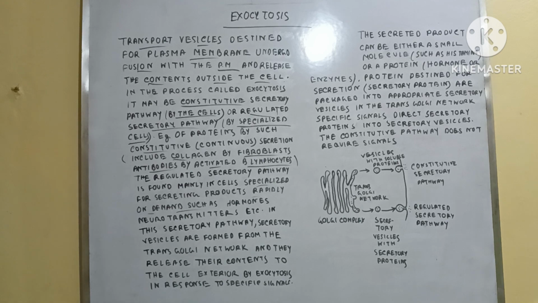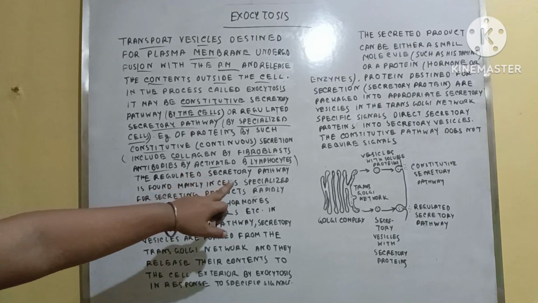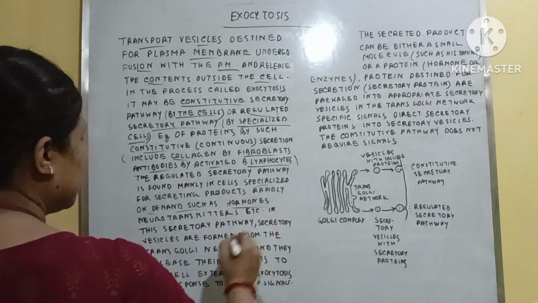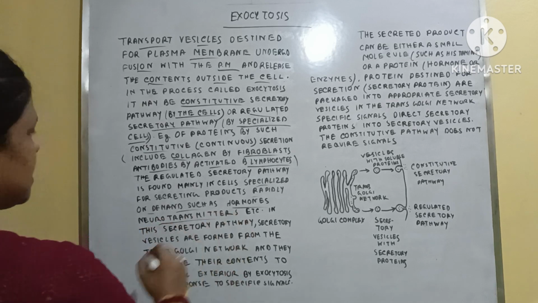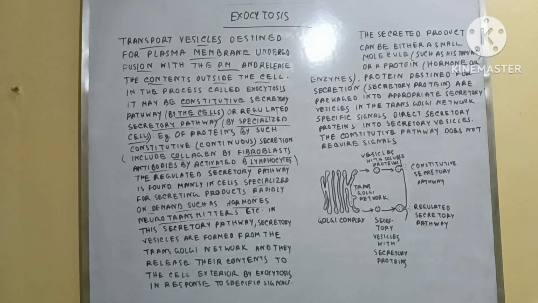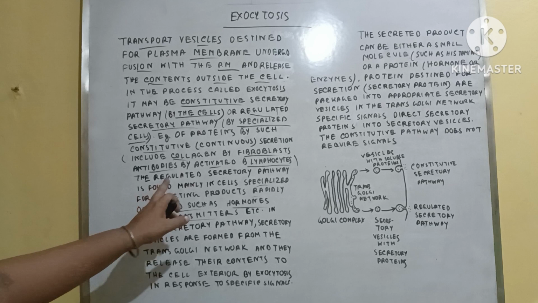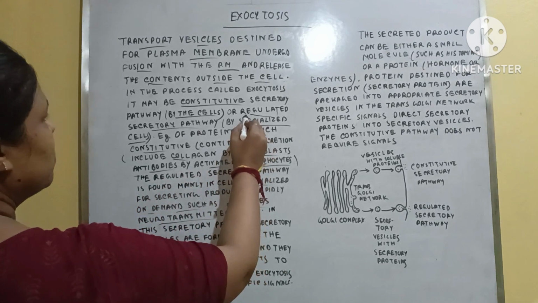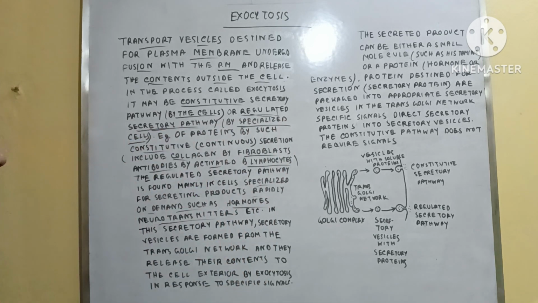That means if any content or secretory substance is necessary for the cell or for the body, at that time this pathway is used by some specialized cells, like for hormones and neurotransmitters. These are released by the regulated pathway.